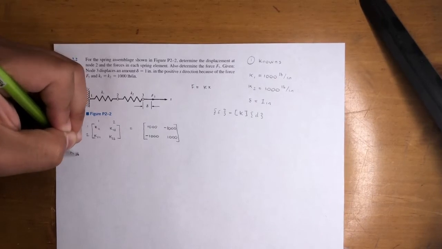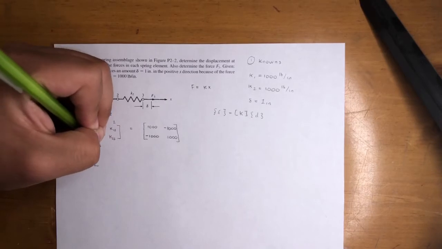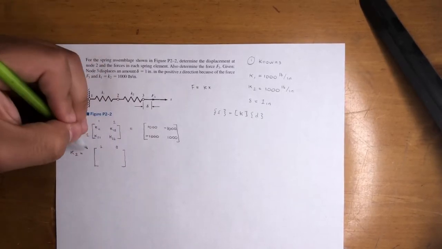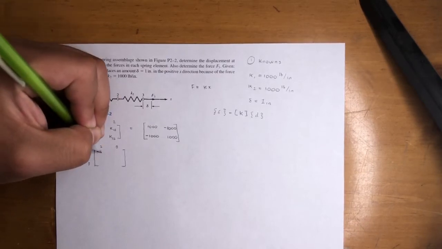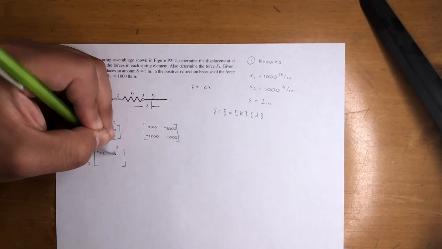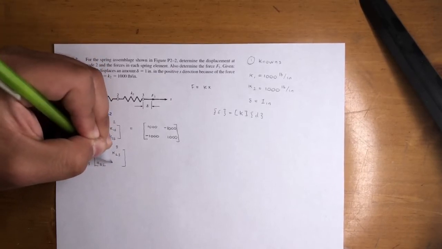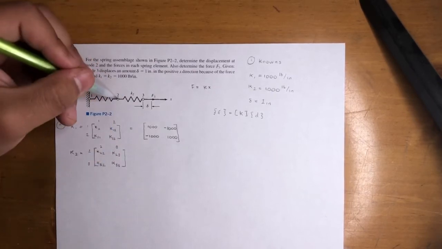K2, right? This one is between nodes 2 and 3. So it's going to be 2, 3, and 2, 3. This is going to be row 2 column 2, row 2 column 3, row 3 column 2, and finally row 3 column 3, because it's between 2 and 3.